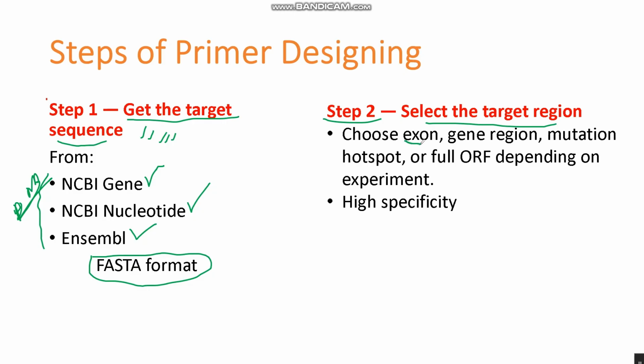You can choose from the exons, the gene region, the mutation hotspot regions, or you can also choose the full ORF, the full open reading frame, depending on the experiment. The golden point here is high specificity. The specificity must be high. The primers must always bind to the target region, and there must not be primers that make non-specific binding.